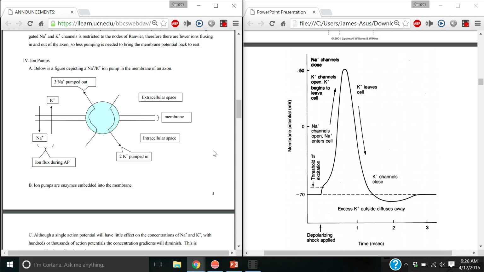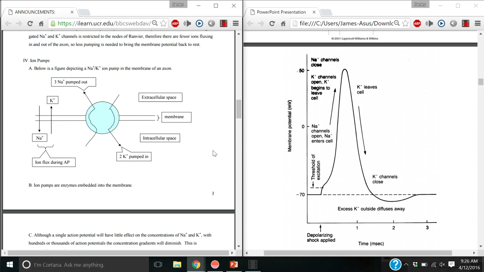And so not only do the ion pumps establish the original concentrations of these ions, they also reestablish them during the action potential.